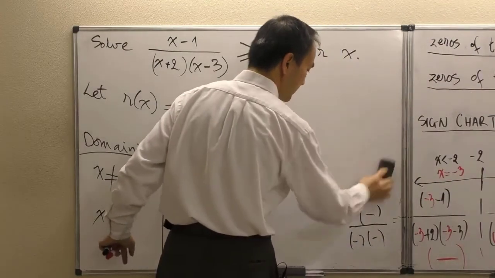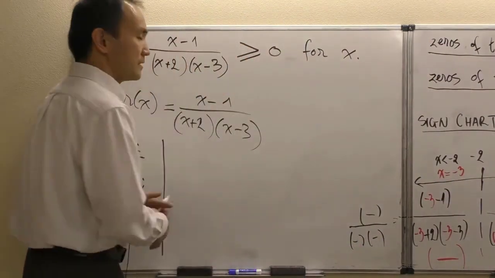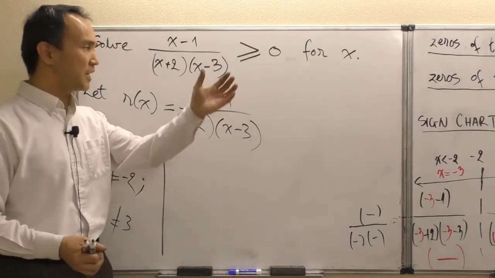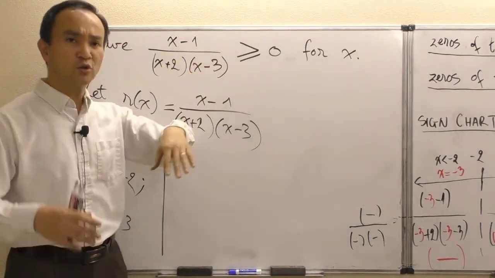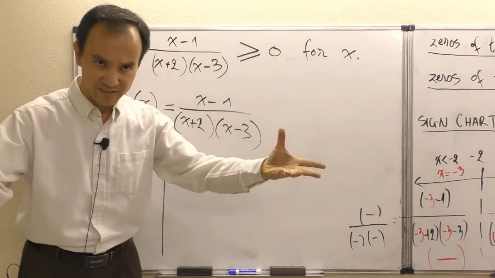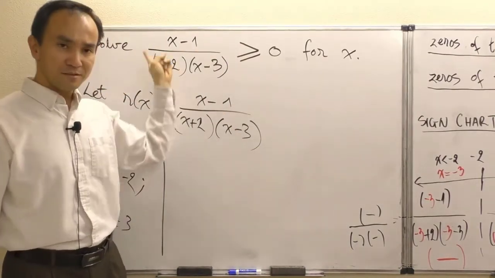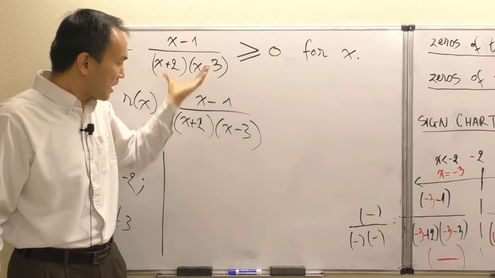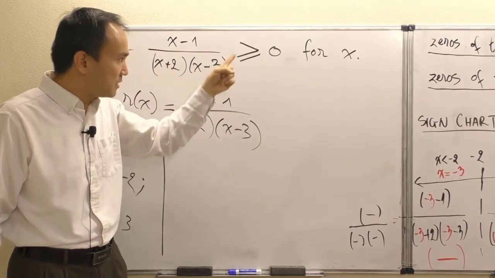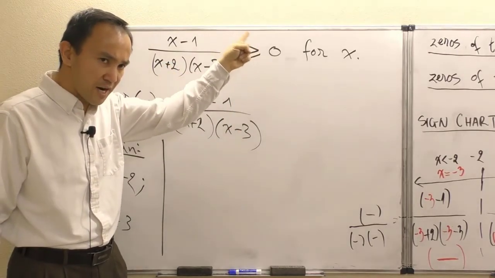Okay, so now, I don't think I need this anymore. The question from the beginning wants us to find those values of x, or those intervals of x, that make the left-hand side, this rational function, greater than or equal to 0.